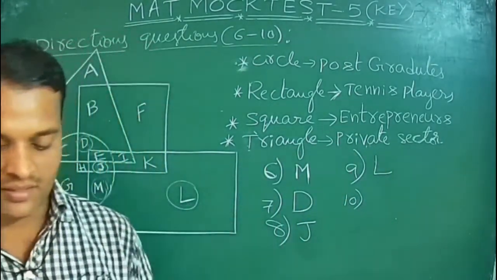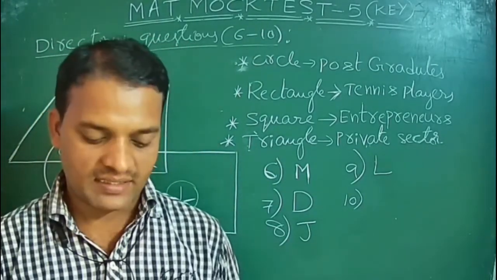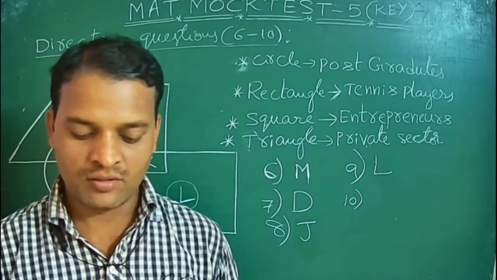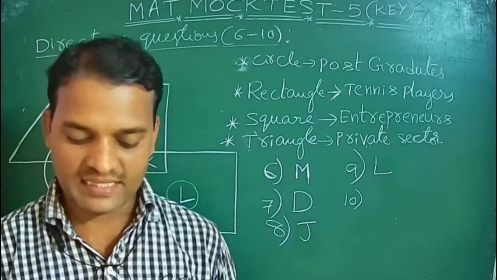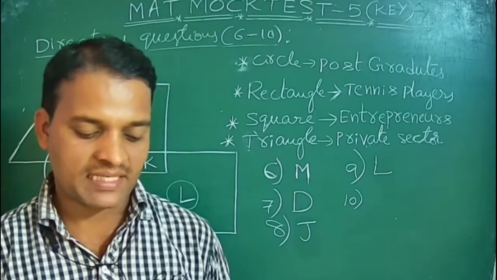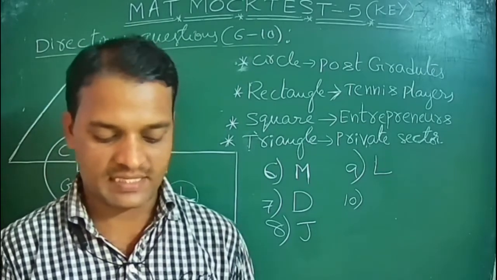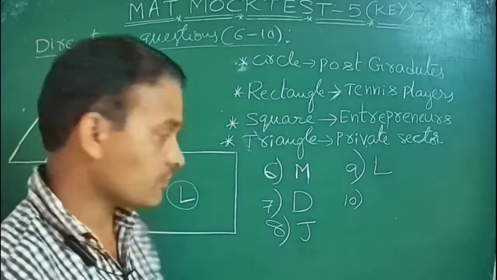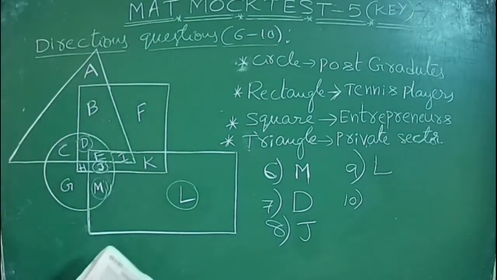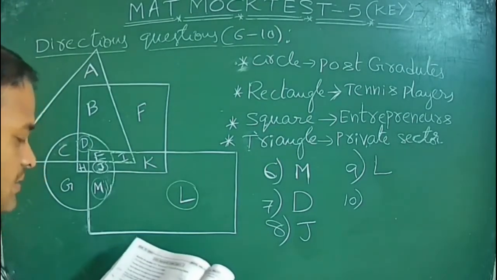Next, the 10th question: which of the following letters represents the entrepreneurs who play tennis but neither work in private sector nor are postgraduates? You need to observe here: entrepreneurs and tennis players.